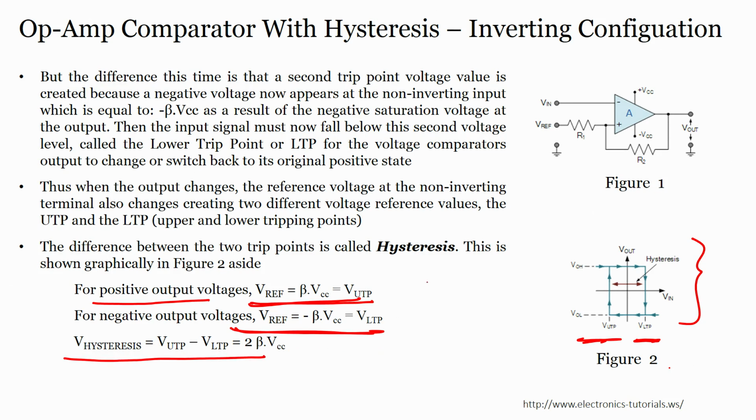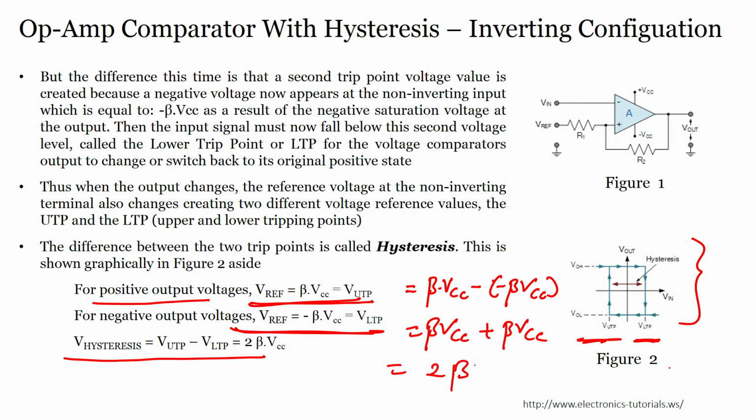What is that? It is beta VCC minus minus beta VCC, which is beta VCC plus beta VCC, equal to 2 times beta VCC. This is what you got here, easy, extremely easy, right. This is how you create an op-amp comparator with hysteresis using the inverting configuration.